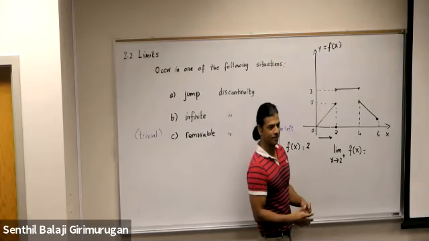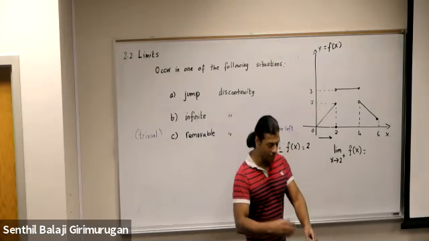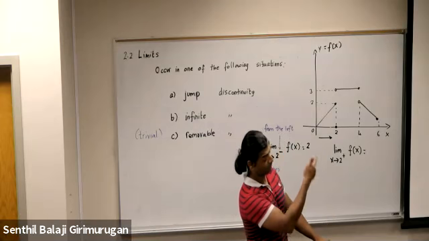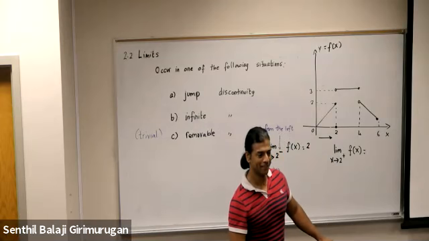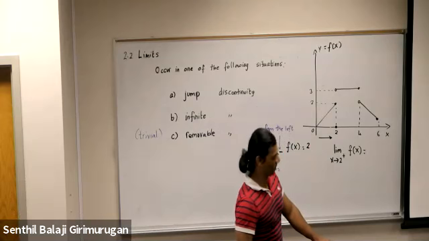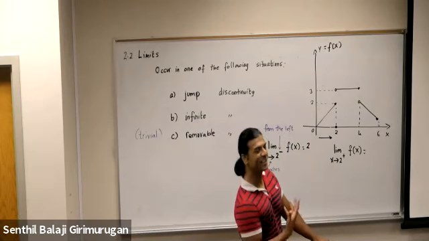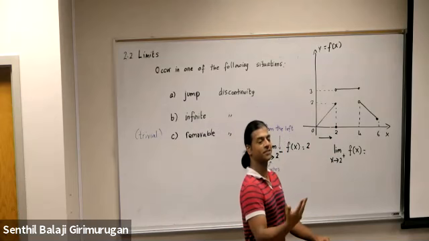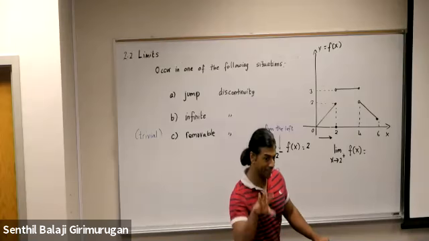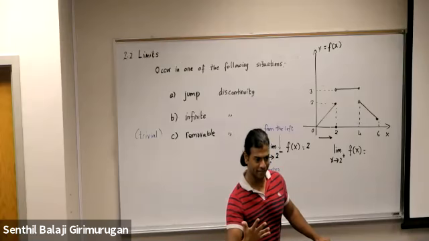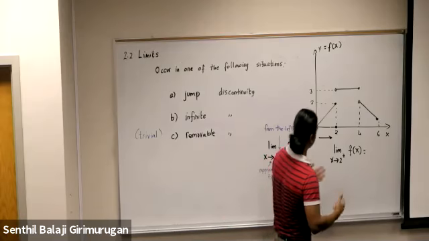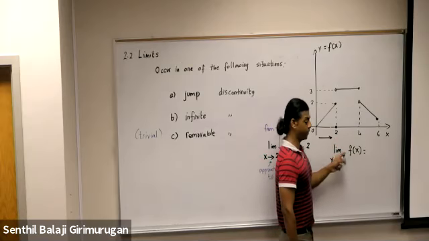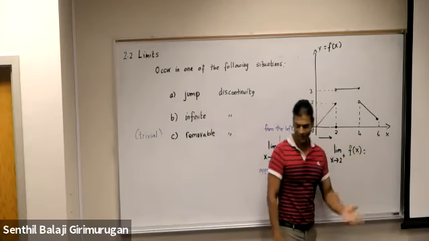You're right, but if someone asked you, well, I don't know anything about limits, could you explain that to me, and you responded "from the right," would they understand? Okay. Getting closer. X approaches 2 from the right. And what are we trying to find? The value of f of x, the limit of f of x. So what we're trying to find is the limit of f of x as x approaches 2 from the right. Good.